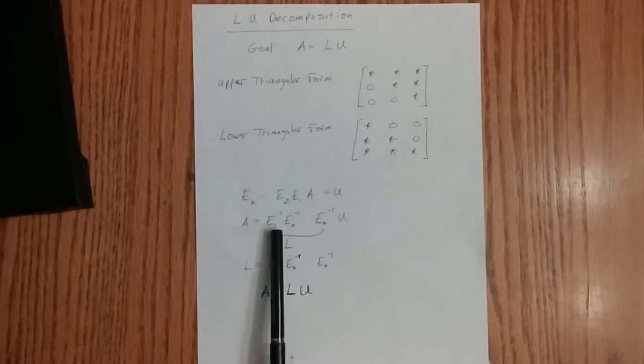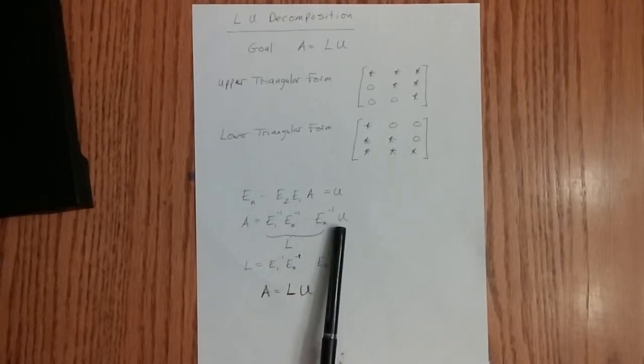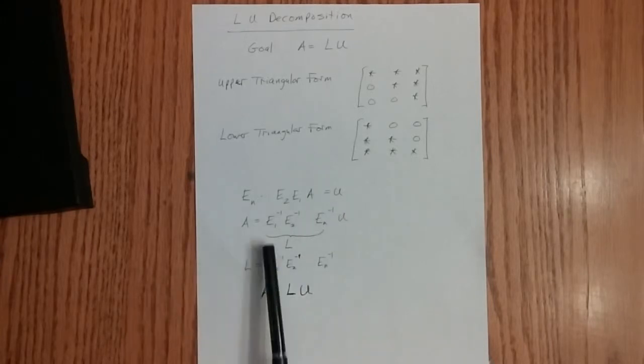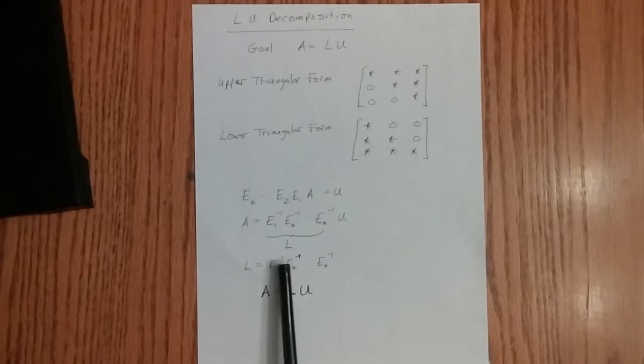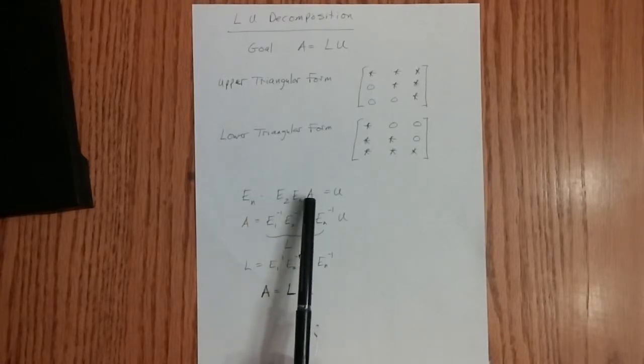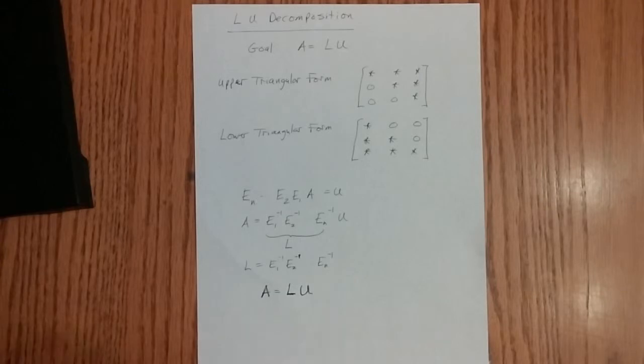Then we're going to take their inverse and put them on the U side, and the combination of them we're going to call L. So we're going to end up with A equals LU, where we started with E's times A equals U.